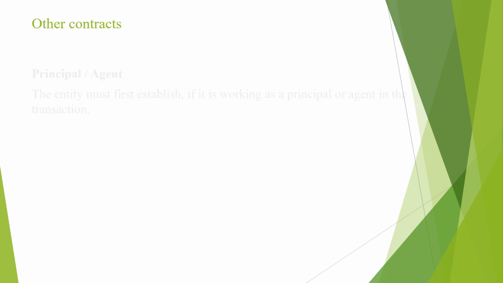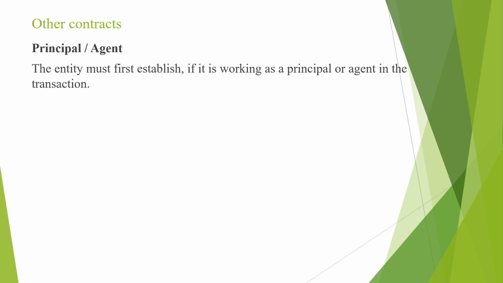The other contract is principal and agent. So whenever you are trying to identify the transaction, you have to first identify whether the entity is working as a principal or an agent. When you say an agent, it means on behalf of another party.